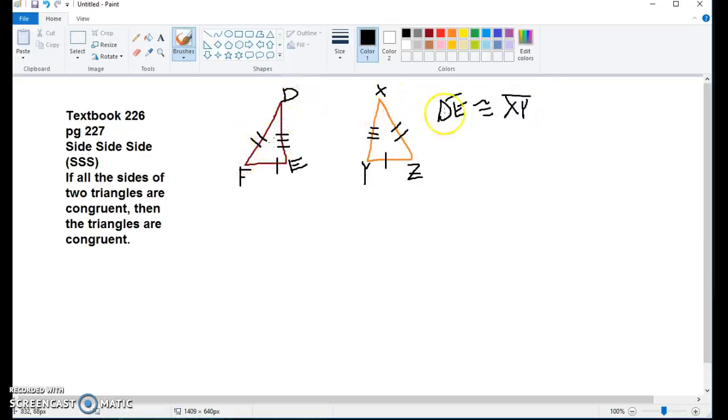XZ is congruent to DF. And finally, FE is congruent to YZ.